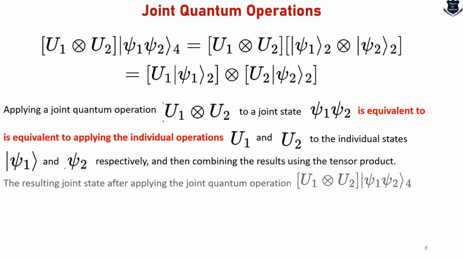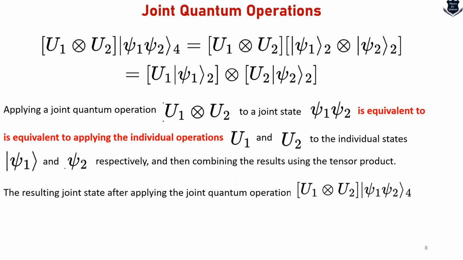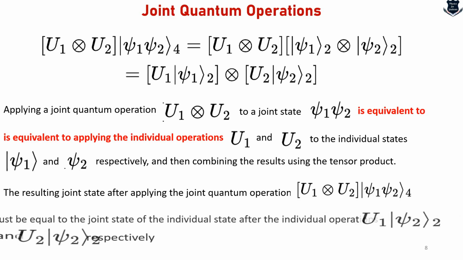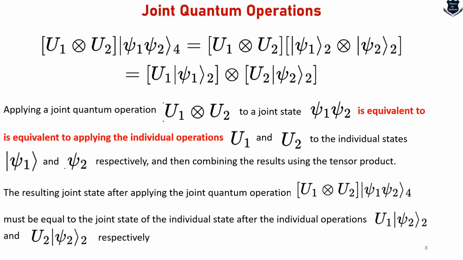To make things a little simpler, the resulting joint state after applying the joint quantum operation must be equivalent to the joint of the individual states after the individual operations.